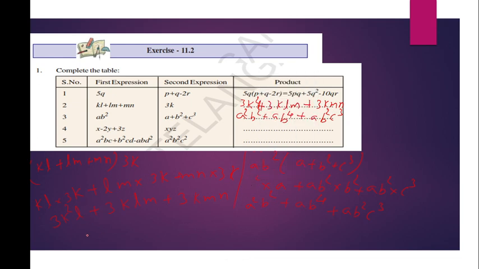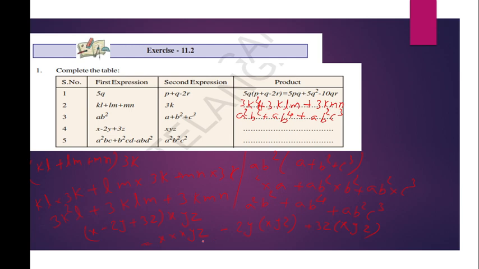Let's do the fourth one here. (x minus 2y plus 3z) into xyz, which is equal to x into xyz minus 2y into xyz plus 3z into xyz.